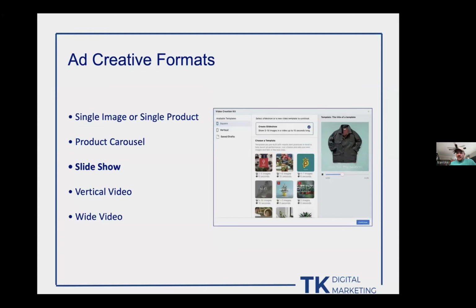Then you have the slideshow option, and this is really neat because Facebook or Meta will actually create this for you. So you can use photos that you've already used in social media posts in the past. You can use your own photo library via your uploads, or you can upload 10 or 12 photos, and it will create a slideshow for you.